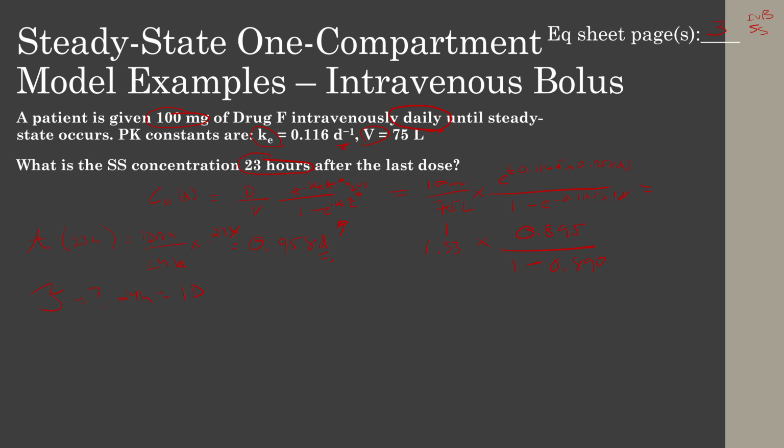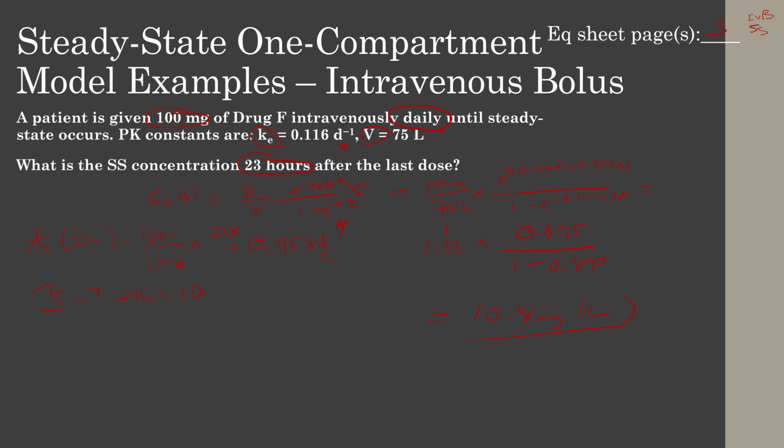Because it's 0.958 in 1 day. And if we do all that messy math out, and again, practice this on your calculator and get used to this so you don't mess it up on the exam. You don't want just the use of a calculator to be the reason you get a problem wrong. If you do all that math out, you get approximately 10.8 milligrams per liter.